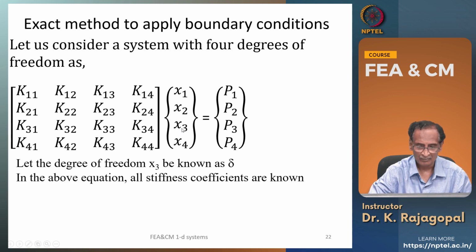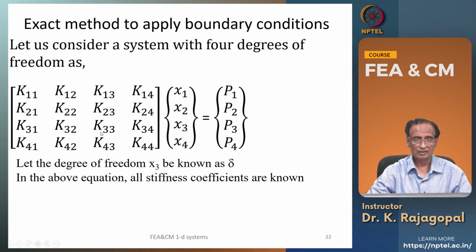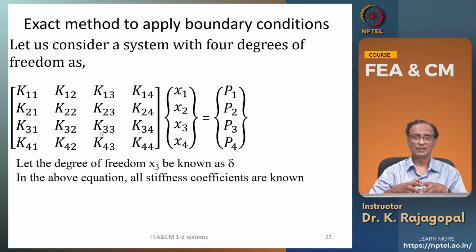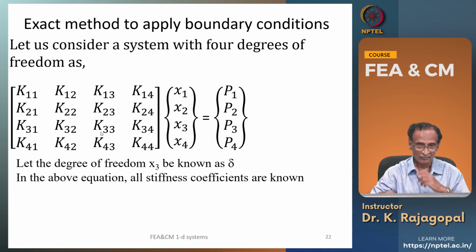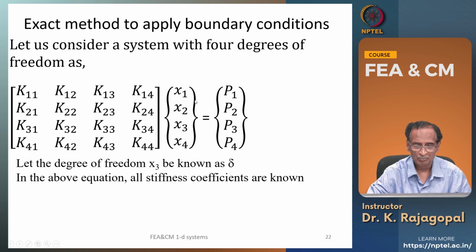And in here, these are all the known quantities k11, k12, k13 and so on, because once you know the geometric and material properties, we can determine k11, k12 and other things. And then on the right hand side, P1, P2, P3, P4, these are the applied forces.